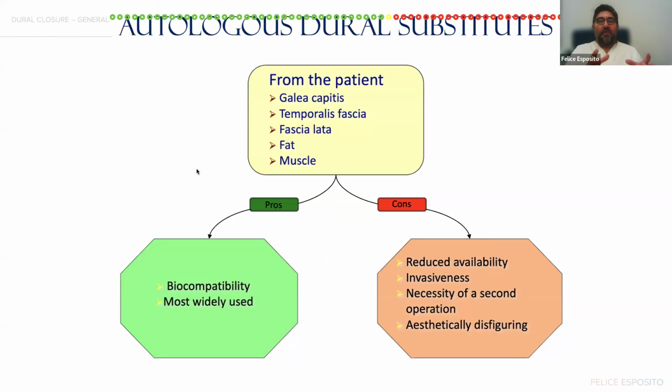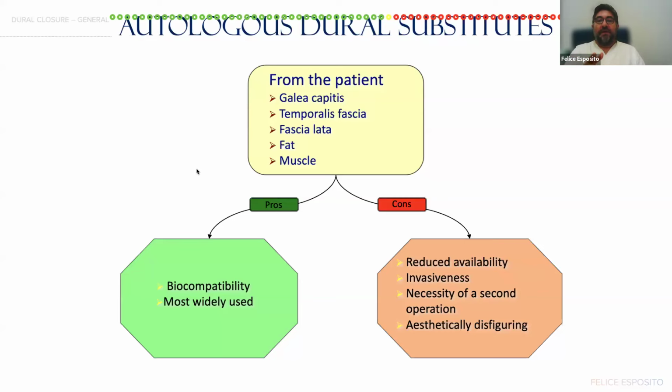All these materials are of course of the highest biocompatibility, but on the other side we have the cons that we cannot harvest as much material as we may need, and we need a second incision, a second operation with prolonged surgical times, and some scars may be aesthetically disfiguring.